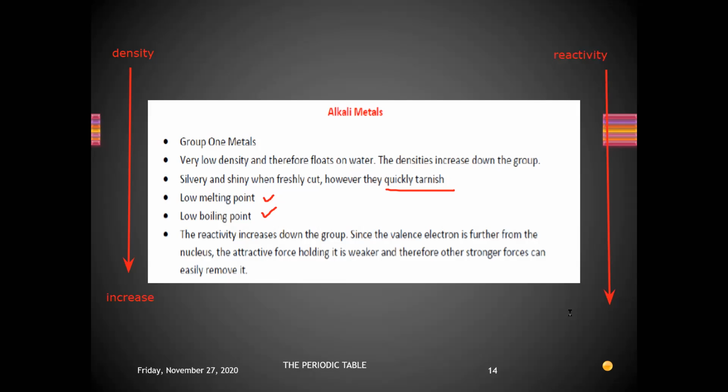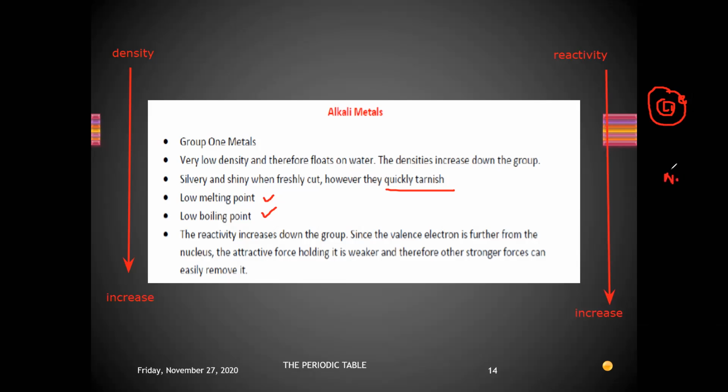What is the reason why, as we go down the group, the reactivity increases? If I draw the structure of each element, I'm not drawing the nucleus, just the shells. Lithium has 2 shells and in the last shell 1 electron.